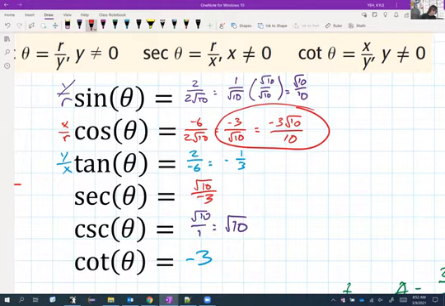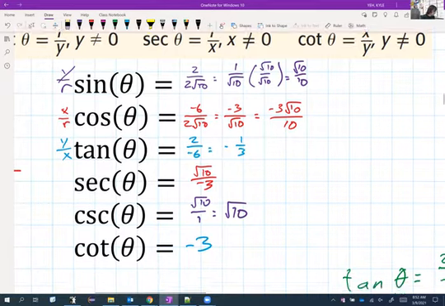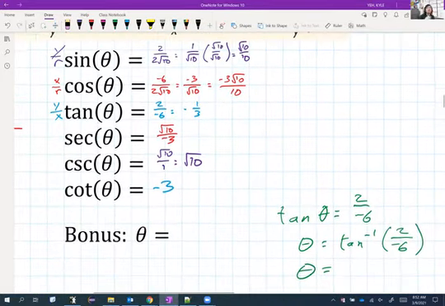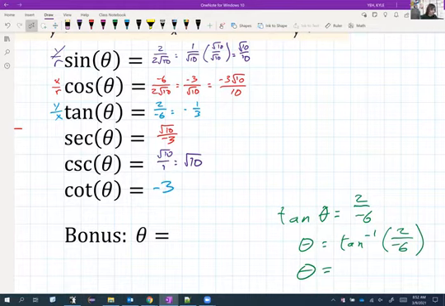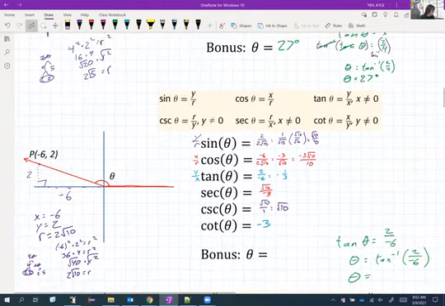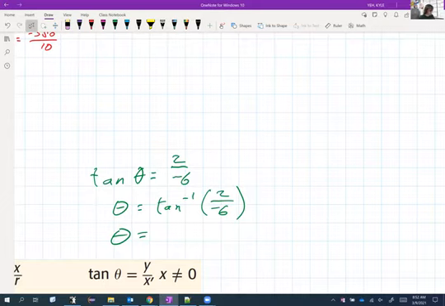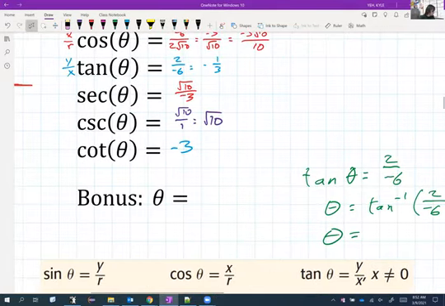You can see my other 4 trig values there. Tangent came out nicely with no radicals at all. The funny thing happened when I got to theta. And theta, well, I know that tan theta is y over x, so that's 2 over -6. So I went to my calculator and plugged in inverse tan of 2 over -6, and what did it give me?